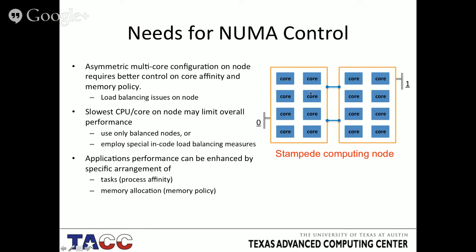Now, what is pretty much symmetric is that if you run threads on a particular socket, it really doesn't matter which core they're using. There's no asymmetry in that, except possibly core 0 that might be running the daemons, or that might be connected to the network interface.